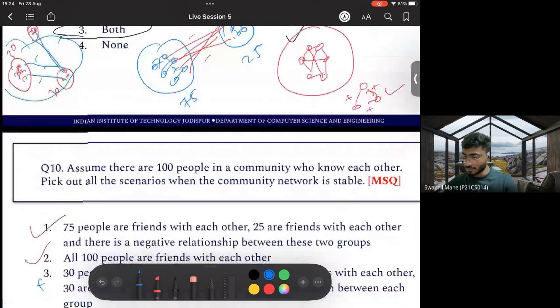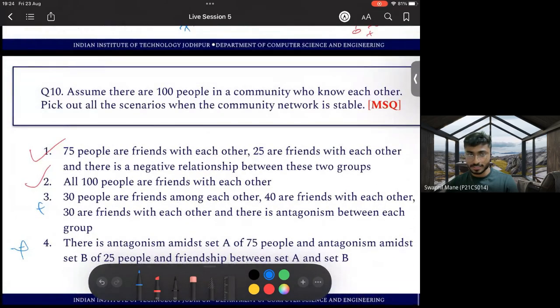The last option says there are two groups, and within the first group there is a negative relationship, and also a negative relationship within the other group, and a positive relationship between the groups. So this does not show a stable network.